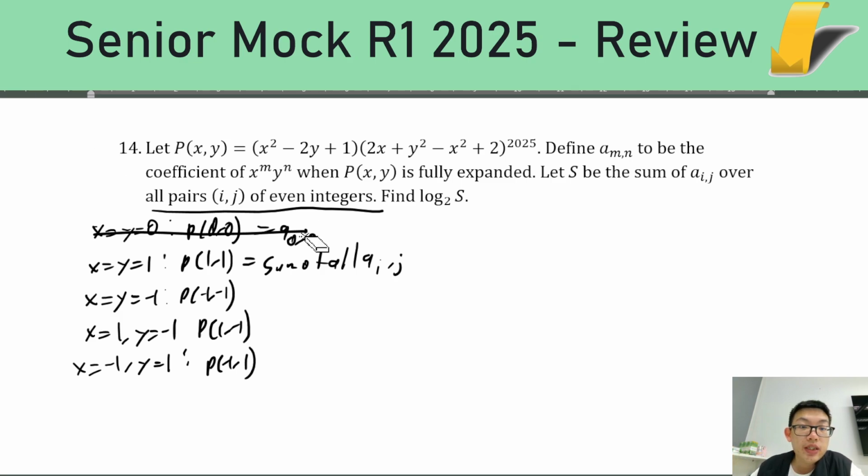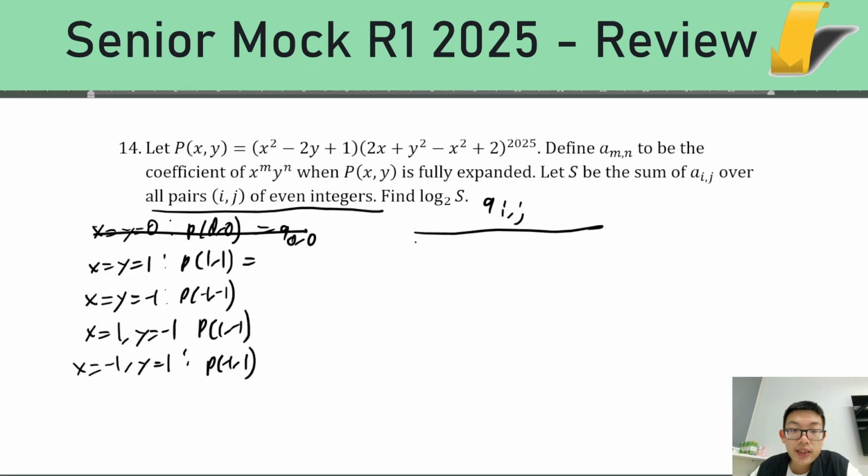And so how I'm going to do it is that I will just fill in a table just to see, right, a_ij. Let's say that your (i, j) is odd-odd, odd-even, even-odd, and even-even. This one is going to take all 4.